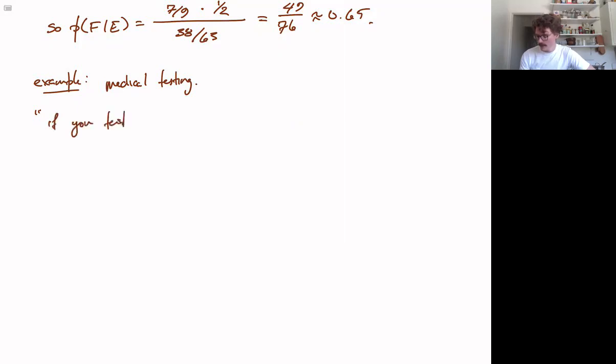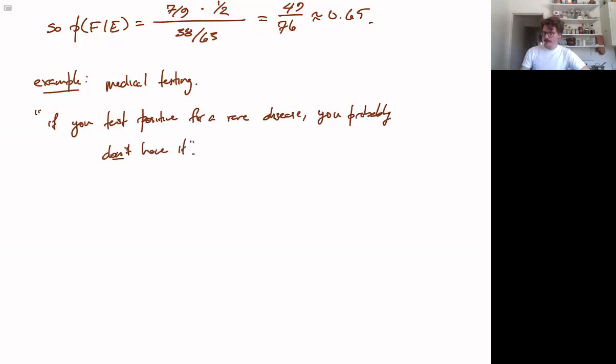If you test positive for a rare disease, you probably do not have it. So this may seem quite counterintuitive, but not to worry, Bayes' theorem will make everything clear.